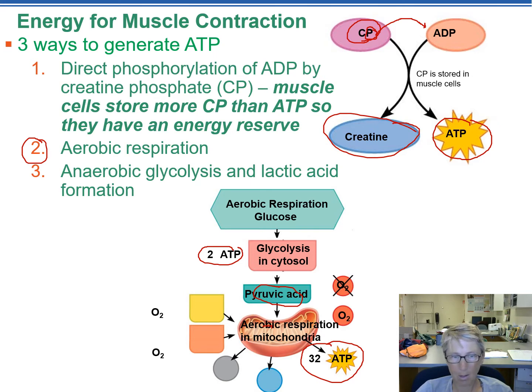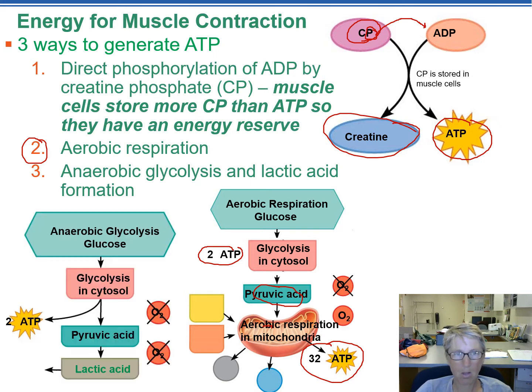And you probably heard lactic acid, feel the burn when you're working out your muscle too hard. Oh, and here's a cartoon for that. So this is anaerobic glycolysis of glucose. So you do glycolysis. So that glycolysis is just breaking down the glucose molecule into pyruvic acid. And then if there's no oxygen present, you make lactic acid. And you can see the big X here through the oxygen.